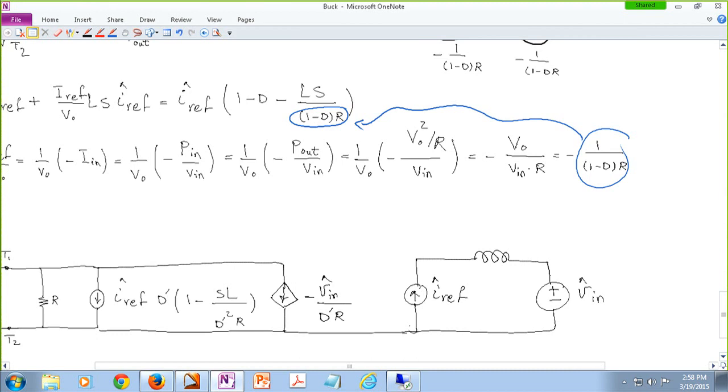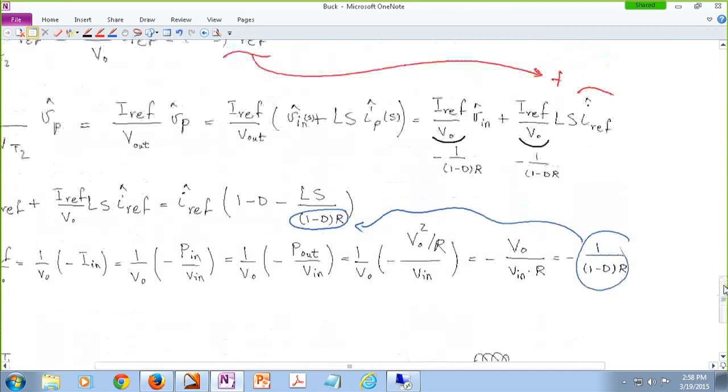Okay, something like this. So if you are interested in finding the transfer functions for the boost converter, you should actually now use the small signal model that we have on the screen.